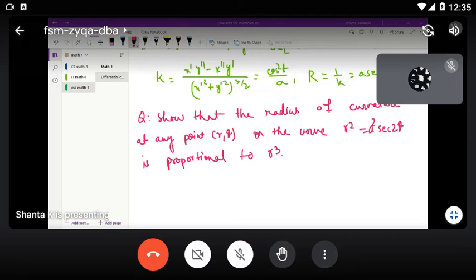Done, anyone? Yes, ma'am. Radius of curvature r cube by a square.